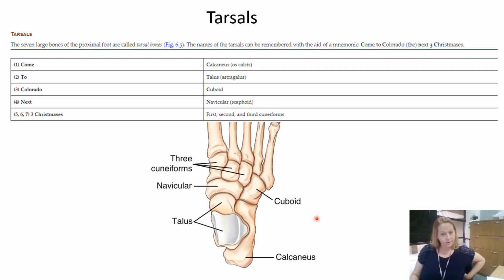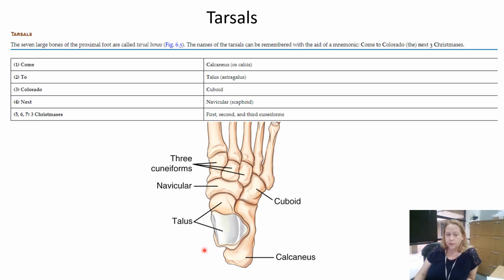And here are our tarsals. How they want you to remember it, you can make up your own mnemonic however you would like. But if you start from the back and work your way forward, you have: Calcaneus, Talus, Cuboid, Navicular, then the 3 cuneiforms.